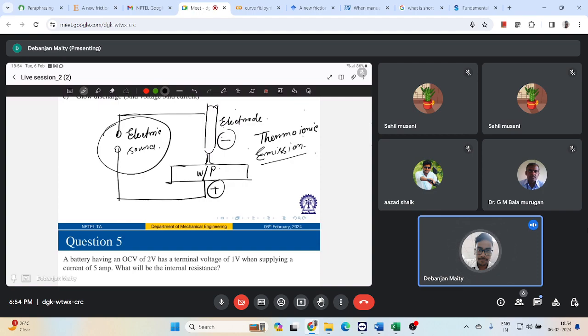Here I have put the workpiece as the positive electrode, which is also called the anode, and the electrode rod is my negative electrode, which is also called the cathode. These are known things.